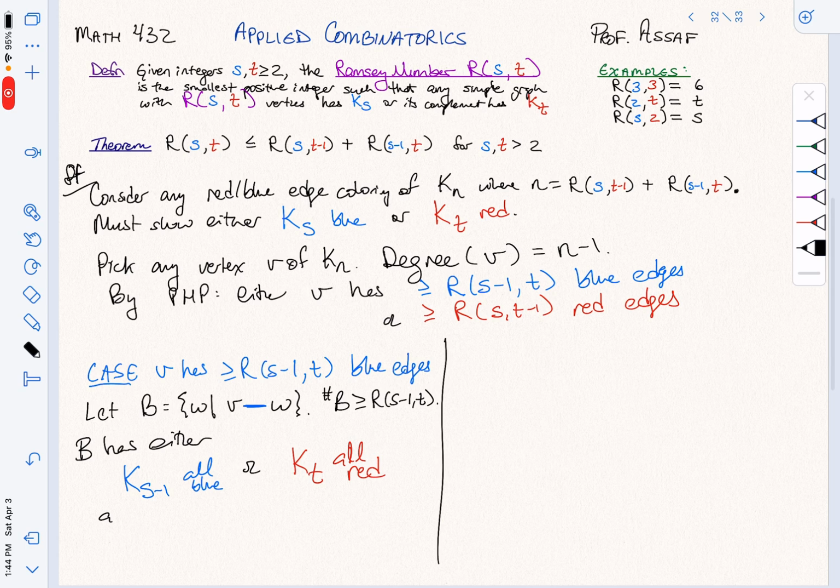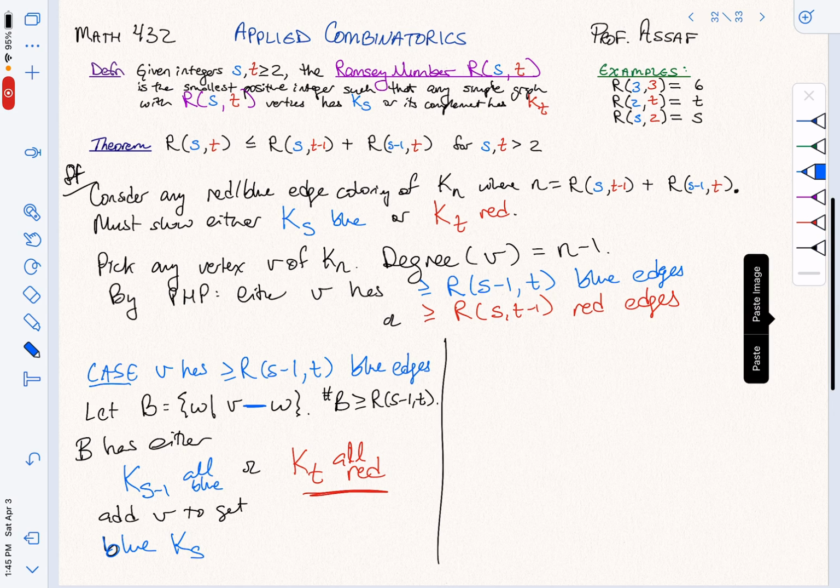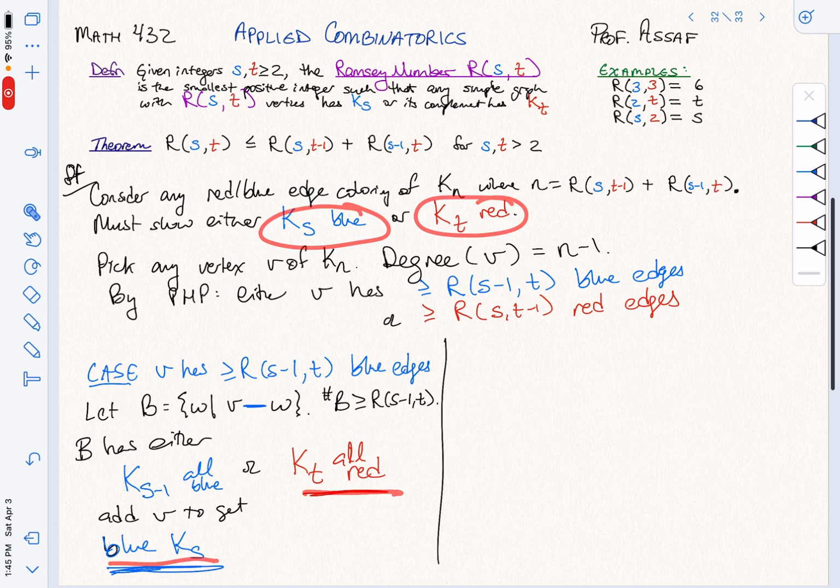So in this case, we can add v to get a blue K_s. Because, again, how do we define this set? It's all the things that are connected to v by a blue edge. So v will be connected to all of these vertices by blue edges, getting us a blue K_s. And over here, we already have our red K_t. So we get both the cases that we needed. What we were trying to show is we either get a blue K_s or a red K_t, and yes, we get one of those.